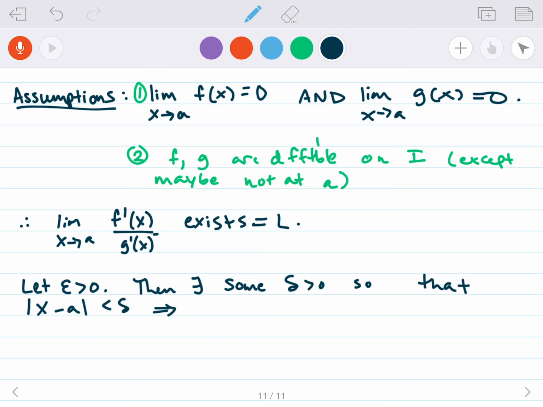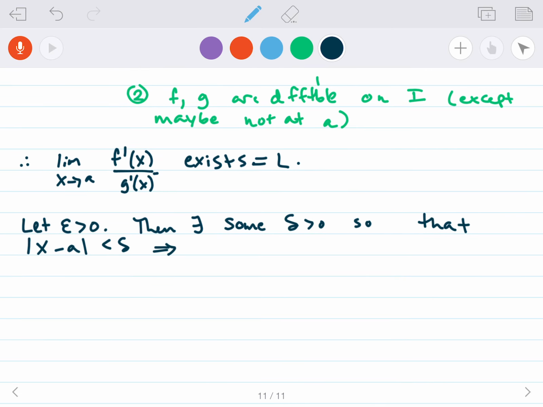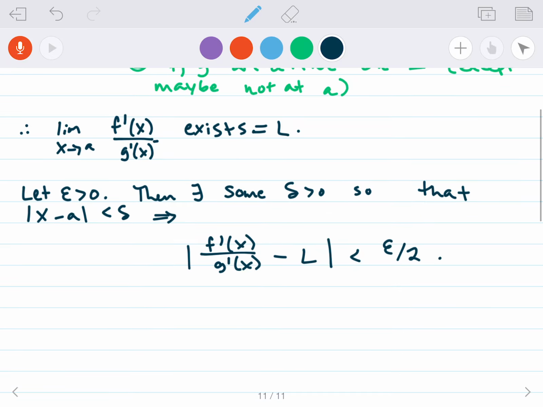This time we're not doing any weird addition tricks, but I'm going to show you why we need this in just a second. Okay, so this is going to imply that our function, which is f prime of x over g prime of x, gets arbitrarily close to our limit L, less than epsilon over 2. And what does this mean if we break down the absolute value piece?